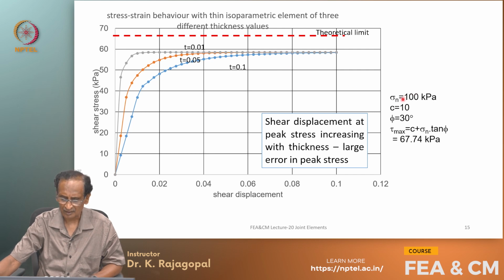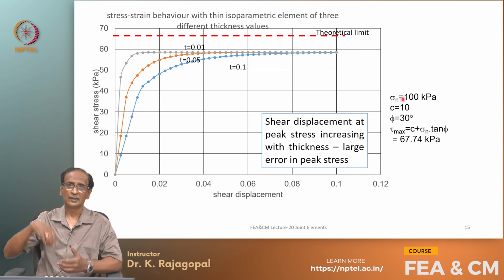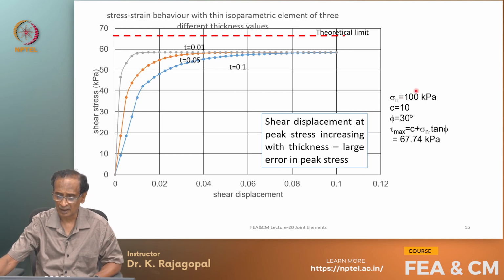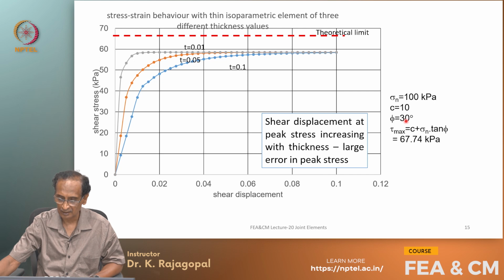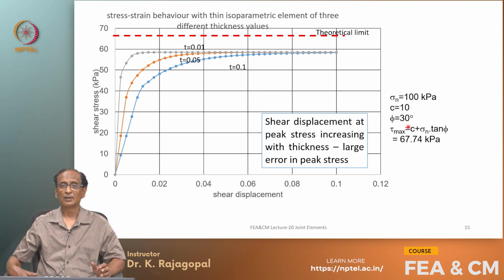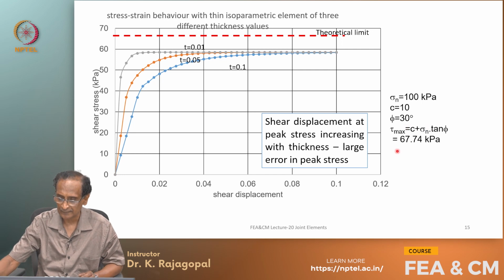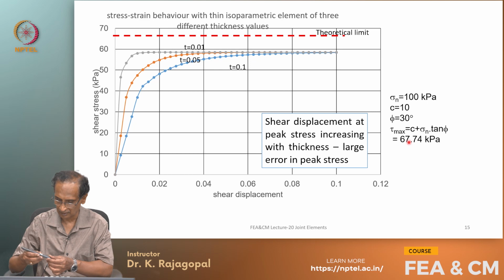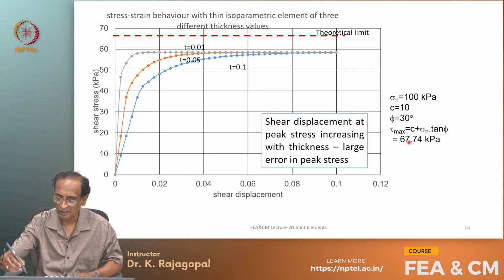The normal pressure that is applied on the interface is 100 kPa, and the C is 10, phi is 30 degrees, and then the tau max as per our Mohr-Coulomb relation is C plus sigma tan phi, that is 67.74.